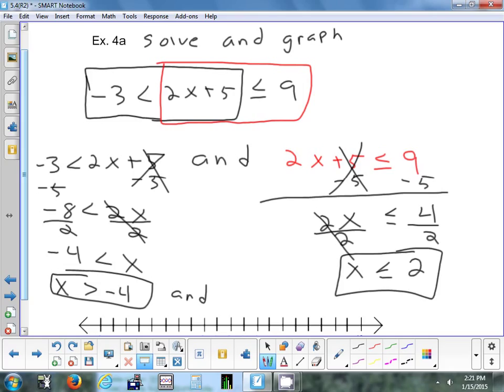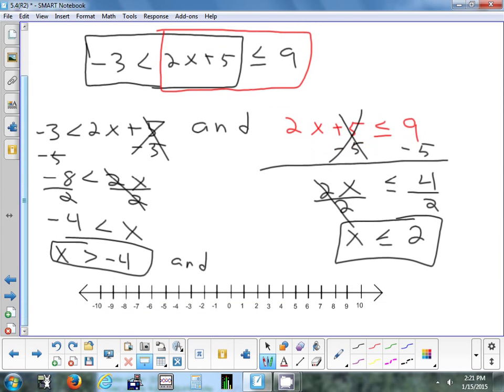Now figure out which of the 3 cases that is. Start with this one. What kind of circle? Open. Open pointing which way? Open pointing to the right. Good. What kind of circle is this one? Closed pointing to the left. What case is that? It's the first one.